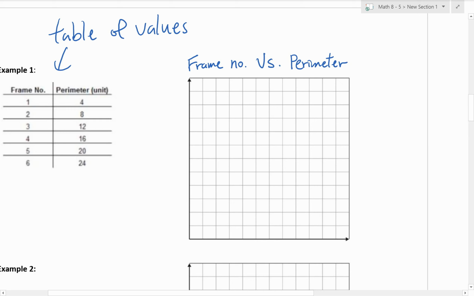Okay, so again, usually by default, this will be our x and this is our y. We call this the independent variable. And we call the y values, or the y variable, the dependent variable.